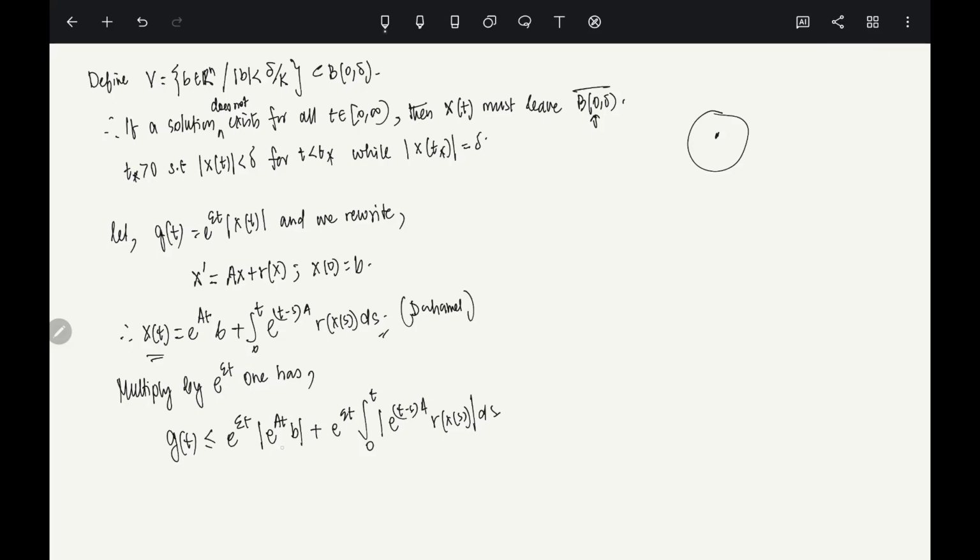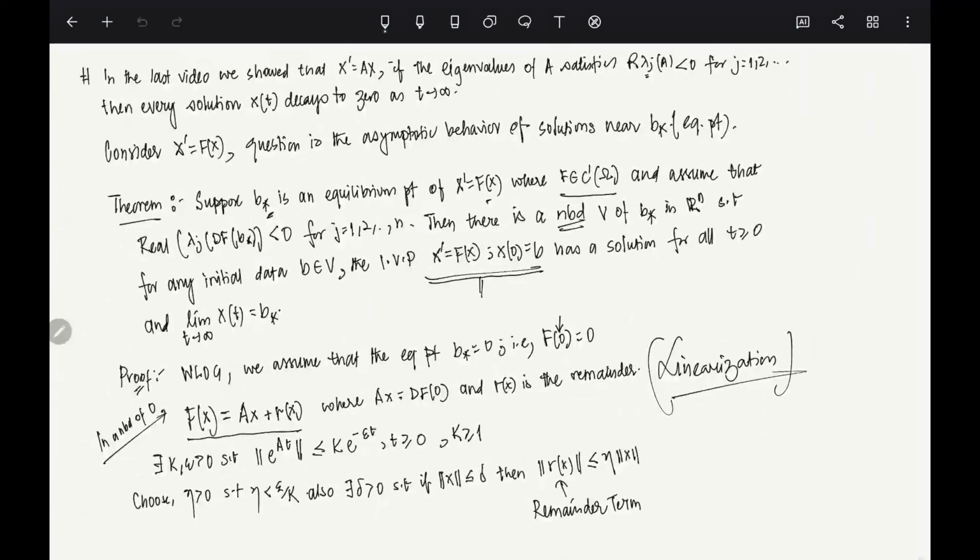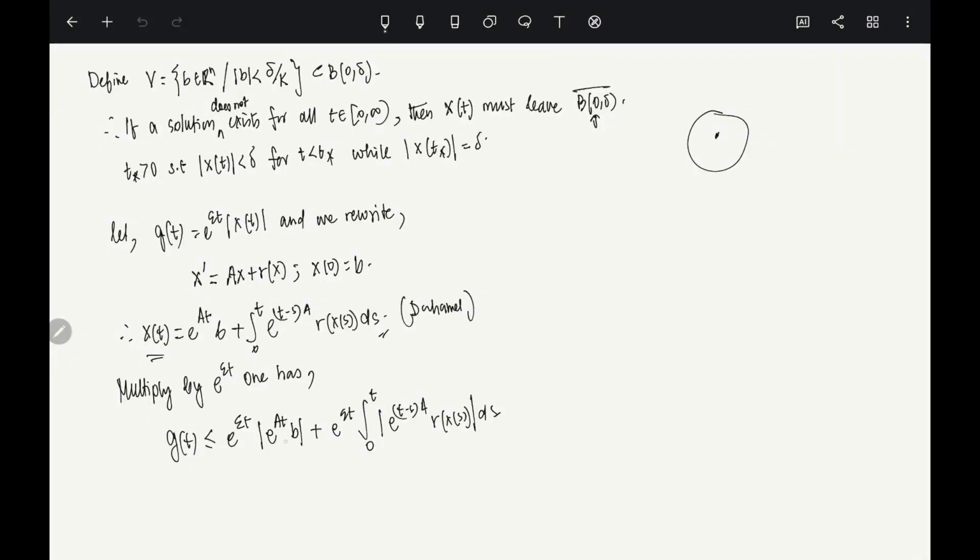Now you see this e^(At). Yes, what we are going to do is use the bound on the exponentials. You see, the norm of e^(At) is less than or equal to k times e^(-εt). Okay. So if you put that, therefore what you have is g(t) is less than or equal to k times mod b plus k times the integral from 0 to t of e^(εs) r(x(s)) ds.